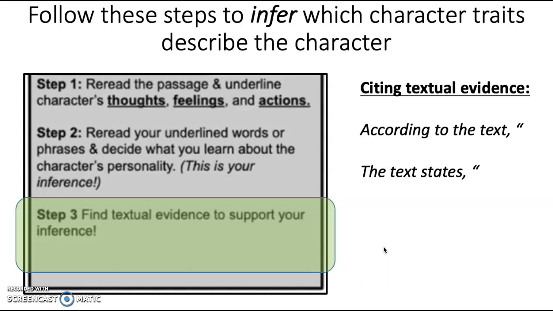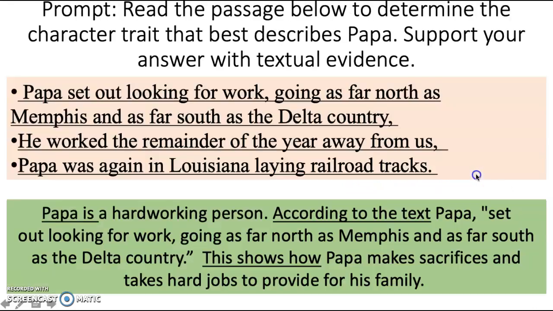So, step 3, we need to find the textual evidence. Figure out which of those pieces of evidence or those quotes support our inference that Papa is hardworking. And you'll remember we need to use these phrases: according to the text, comma, space, quotation mark, or the text states, comma, space, quotation mark. And so in this green box, we can see our final inference with evidence.